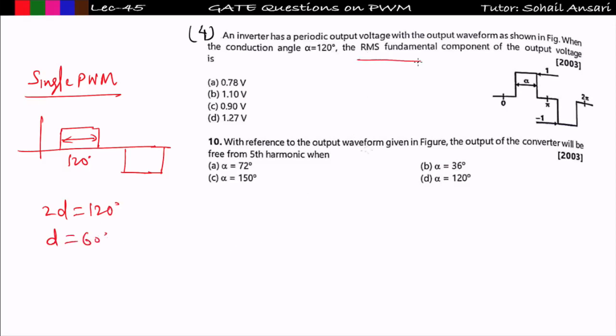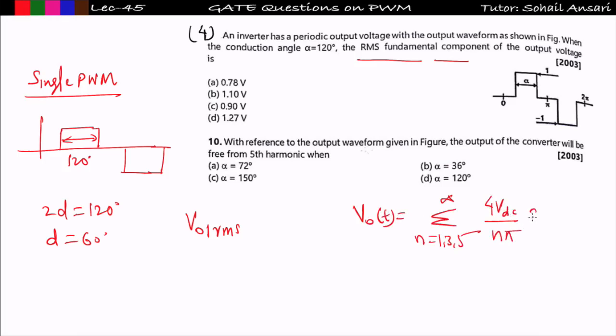Now it is asking for the RMS fundamental component, that is V01 RMS. In order to write V01 RMS, let us see V naught of t according to the Fourier series expression that I already found, which is equal to 4 VDC upon n pi into sine nd into sine n omega naught t.